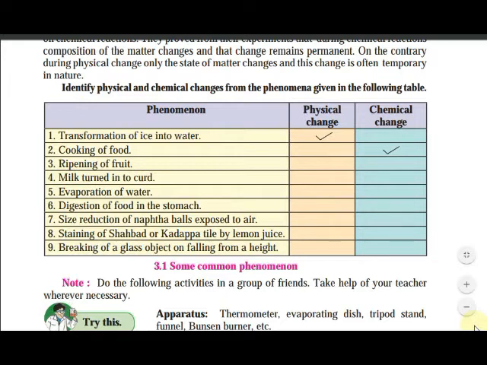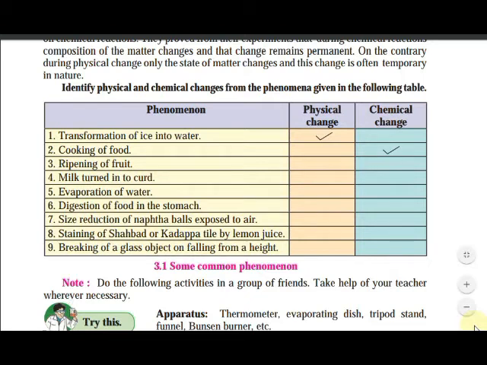Cooking of food. In cooking of food, which change is seen? When food cooks, at that time it changes. Yes or no? Chapati is made. How? When wheat grain is crushed, flour is formed, and we make dough, and from dough what we do?